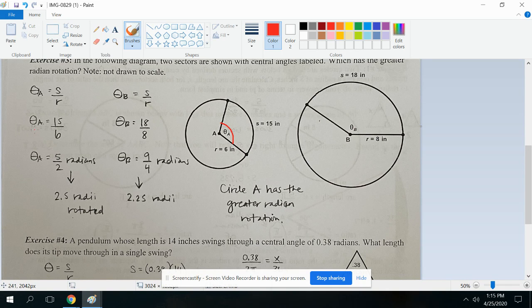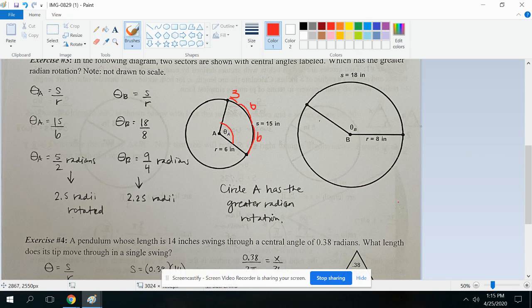It says you get 5 halves, radians would be my unit. 2.5 radii are rotated. Let's see if that makes sense. If I have 6 for that length, another 6 for that length, so I'm at 12, and then half of a radius, 3, there's my 15.